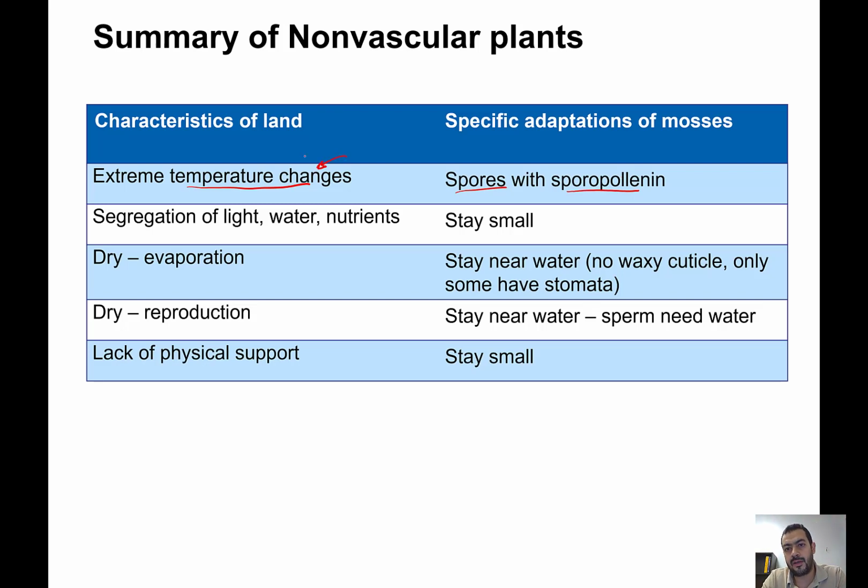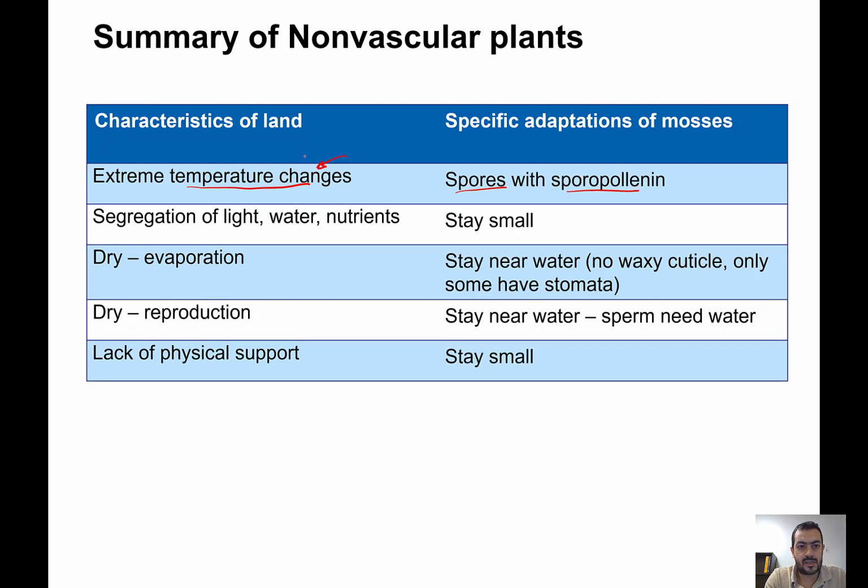This could be extremes of high temperature or cold conditions, and the spores will remain dormant until the conditions become favorable, and then they will form the gametophytes.